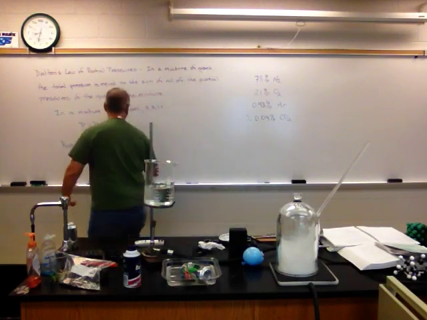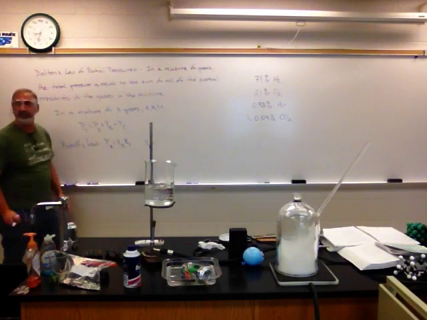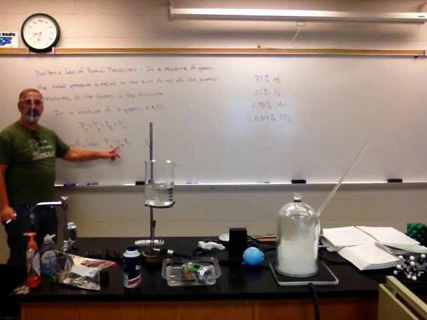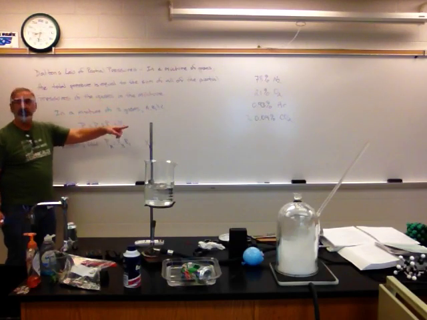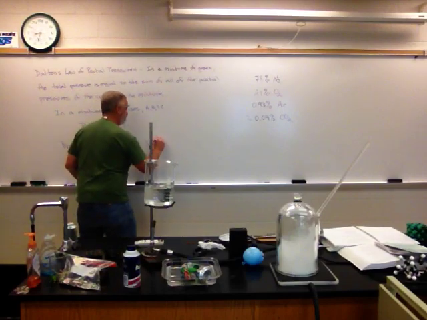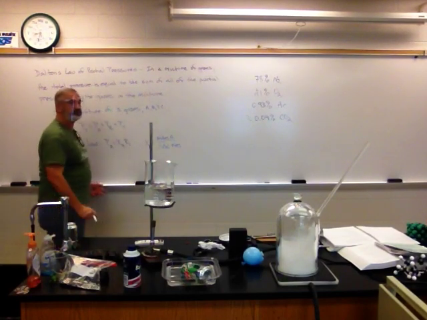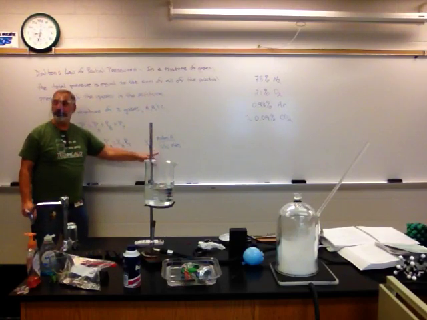Now, mole fraction, X of A, what do you think this ratio is going to be? Moles of A over moles A, B, and C. Moles of A, that's exactly right, over total moles. In our nitrogen example, that would be 78 over 100.